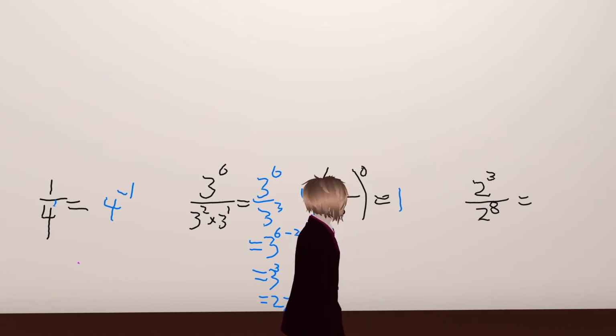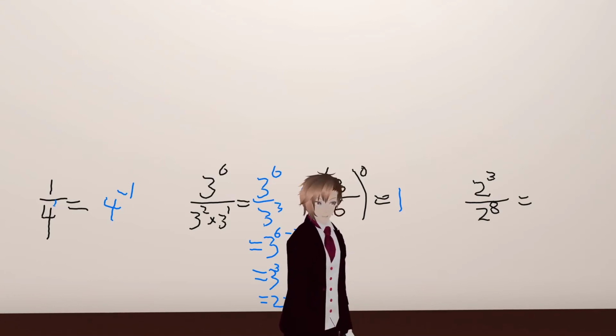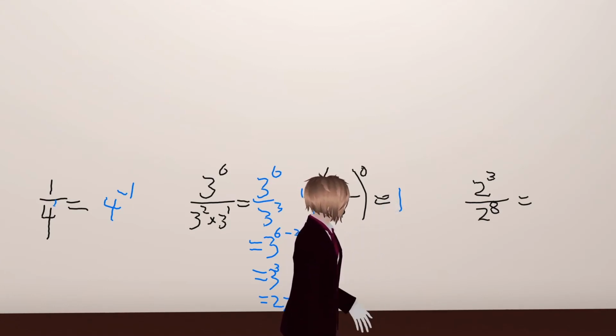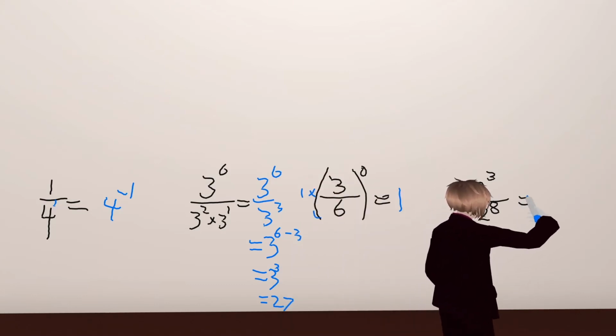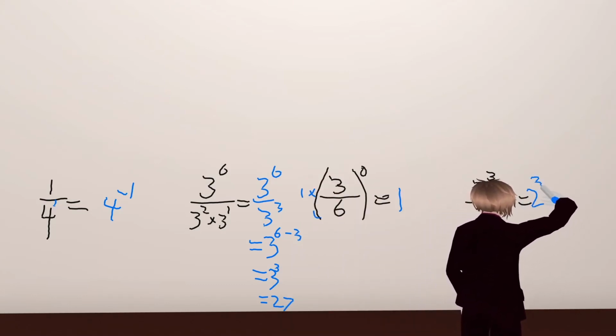Now on the end, we have 2 to the power of 3 divided by 2 to the power of 8. So we're going to use our index laws. They have the same base number. So we're going to have 2 to the power of 3 minus 8.